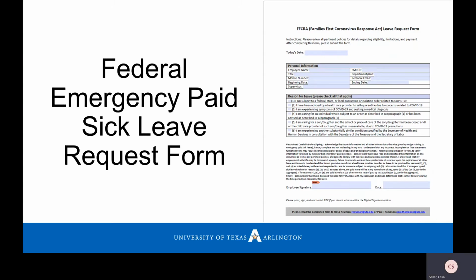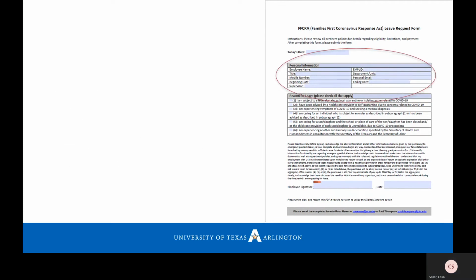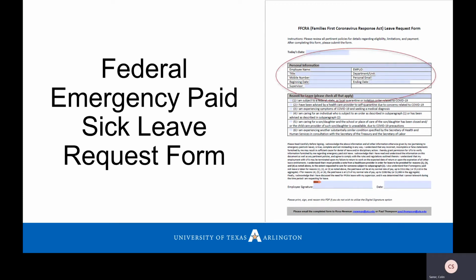Now you are viewing our UTA Federal Emergency Paid Sick Leave Request Form. I am going to take some time soon to walk through it. The first section of the form asks for today's date and the personal information pertaining to your leave. Please make sure you give us good contact information and also make sure that the beginning and end dates are listed.